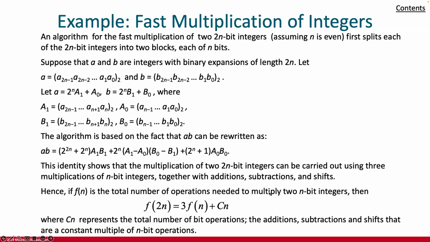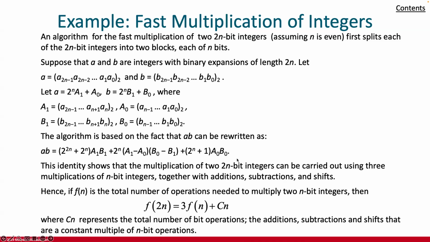We have another example: fast multiplication of integers. An algorithm for the fast multiplication of two n-bit integers, assuming that n is even, first splits each of the two n-bit integers into two blocks, each of n divided by 2 bits. I'm not going to go through this in detail, but you can walk through it in Rosen or just pause the video and see here.